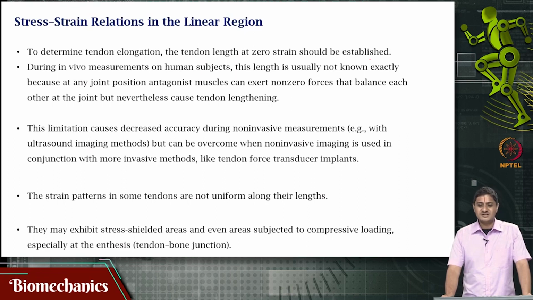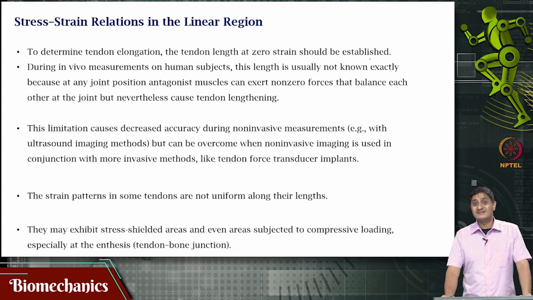Muscles are fully at rest only when the person is having some serious problem. Mostly muscles are active, so there is going to be some tone or some non-zero force that will always be there. In any joint position there will be activity of the antagonist muscle that can produce non-zero forces that balance each other, but can cause some lengthening of the tendon.